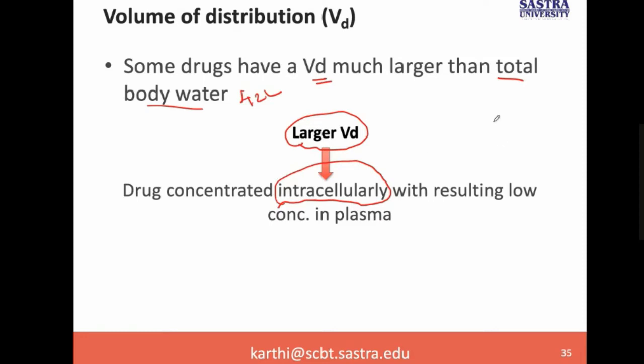Okay, so we make the calculation of Vd based on the amount of the drug molecule that is present in the plasma. If a very small quantity of the drug molecule is present in plasma, and a large quantity is present inside the cell, so this is a cell, a large amount of the drug molecule has entered into the cell.